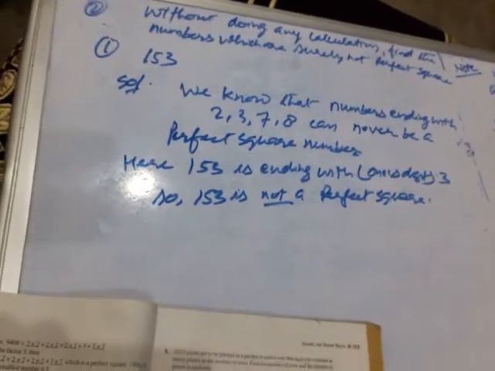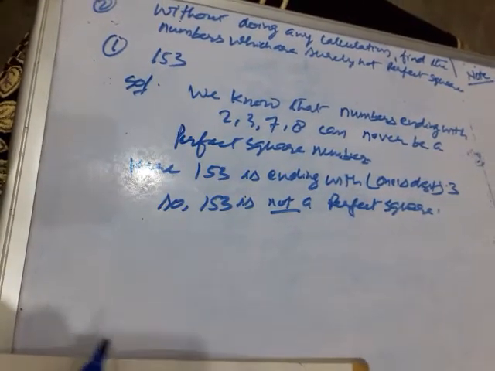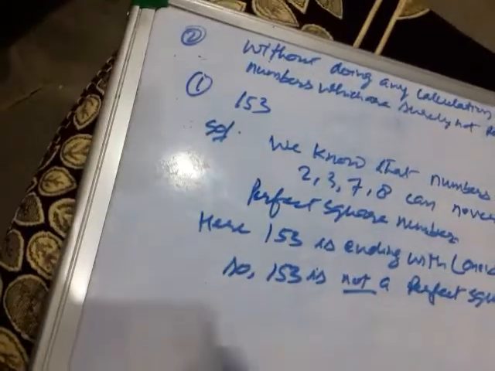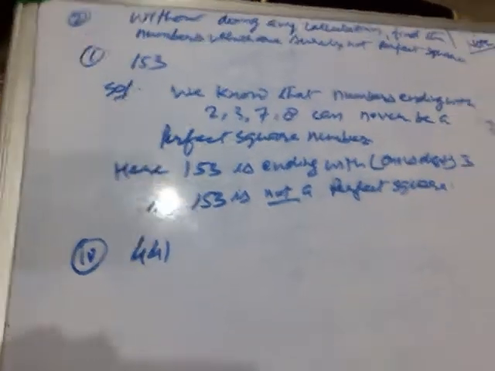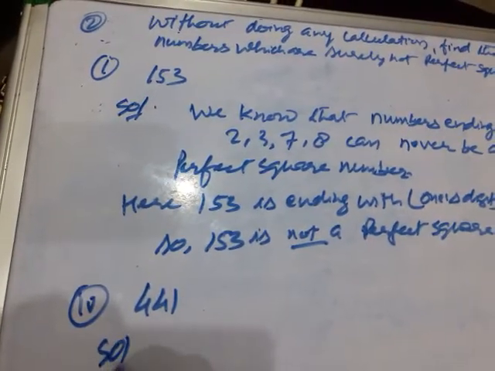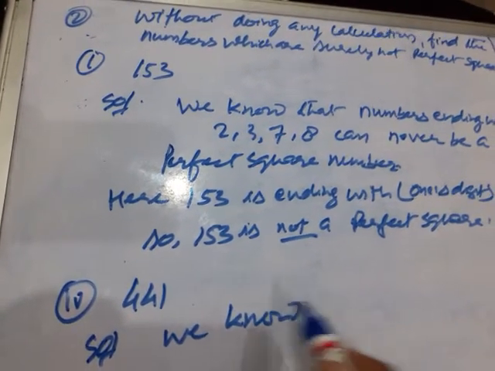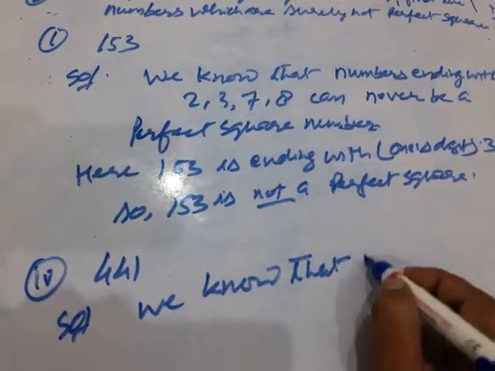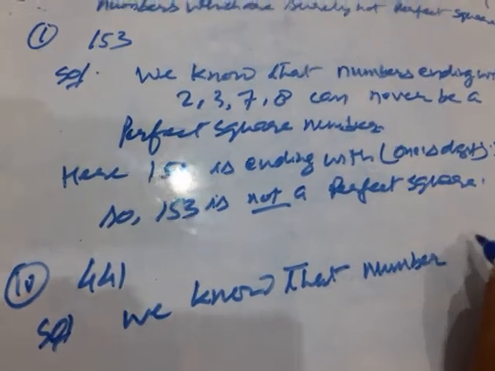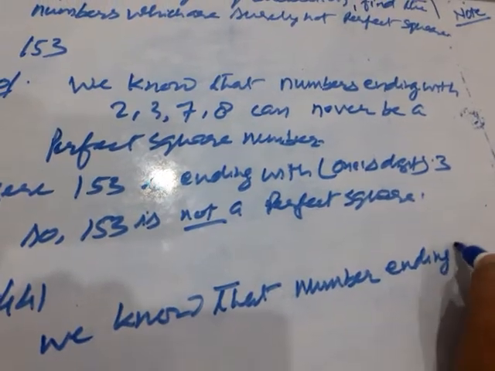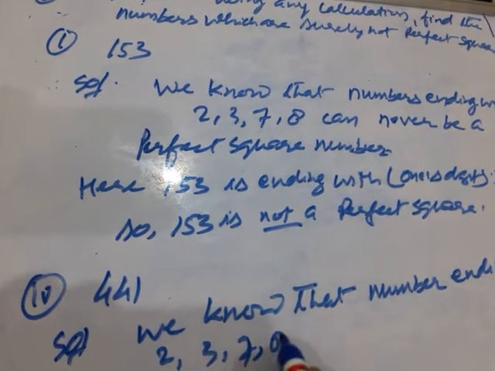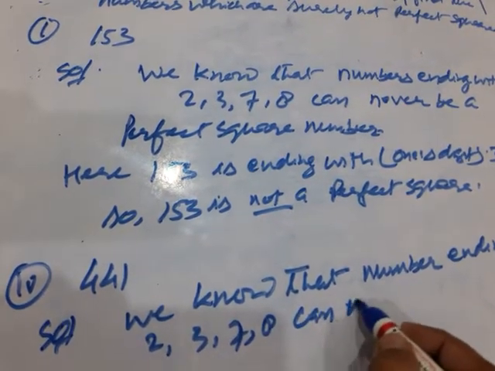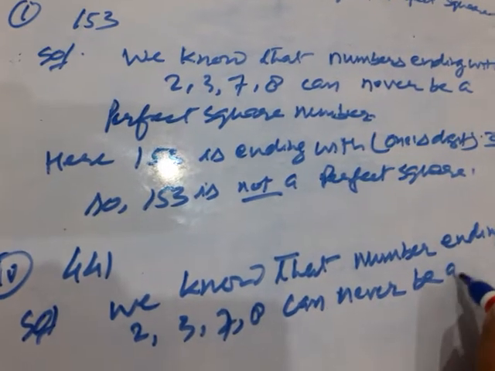Whereas 441 is not ending with 2 or 3 or 7 or 8, so it may be a perfect square. Okay children, that is the fourth part also. Let us see 441. How will you give the reason? Solution. Same thing, we know that numbers ending with 2, 3, 7, 8 can never be a perfect square.